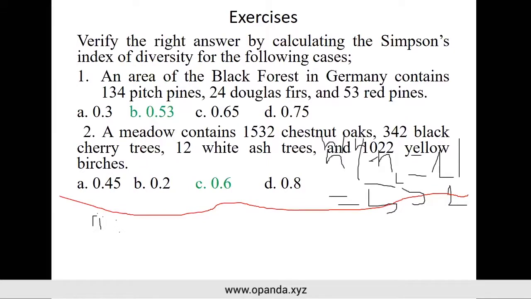The next one, N3 times N3 minus 1, that is 53 times 53 minus 1, will be equal to 2756.